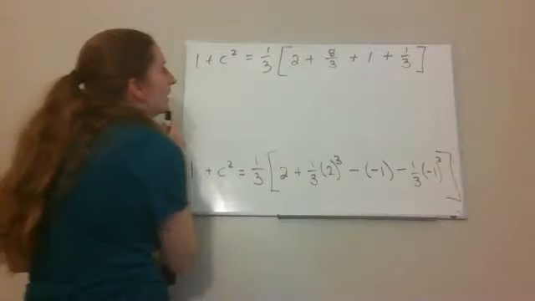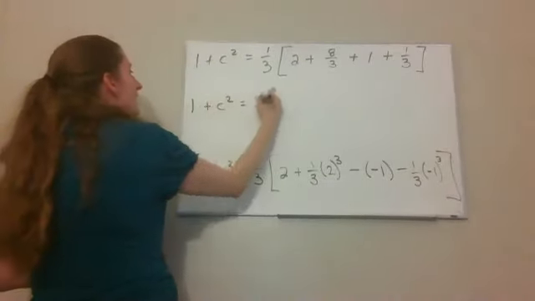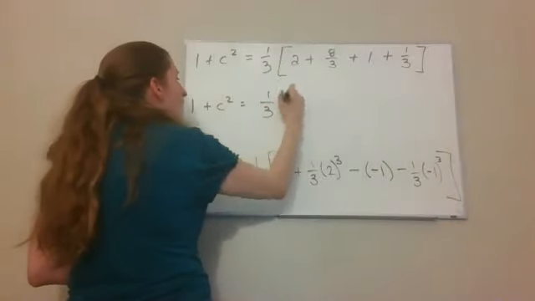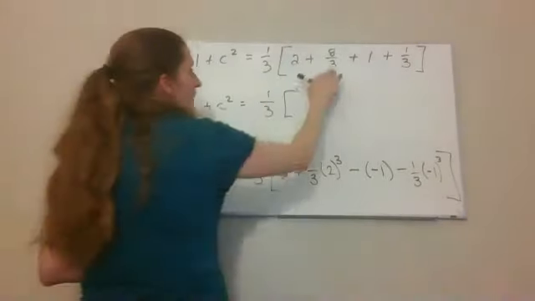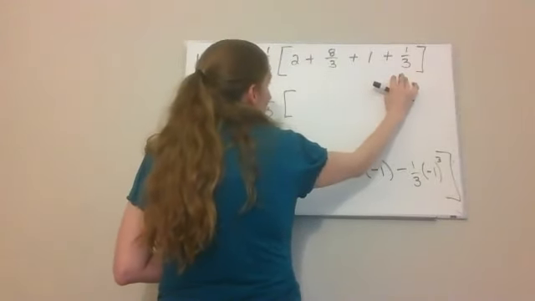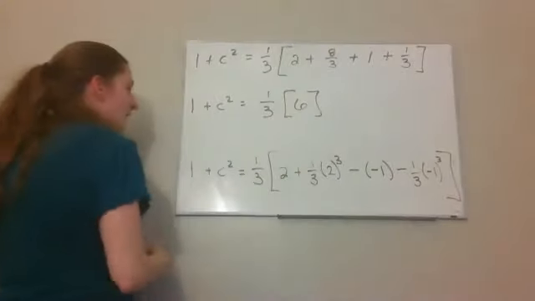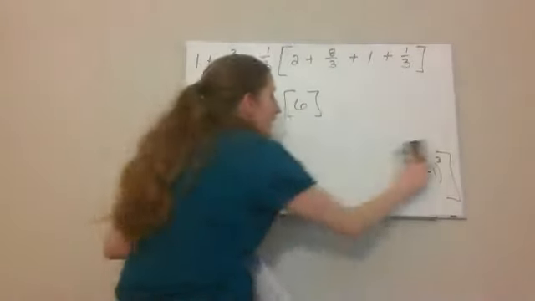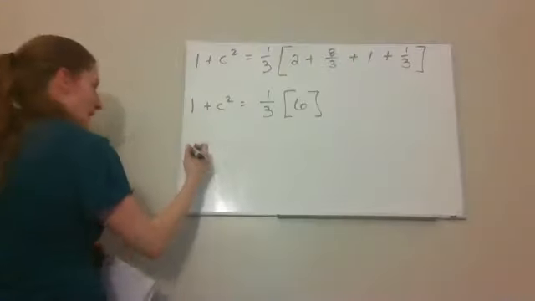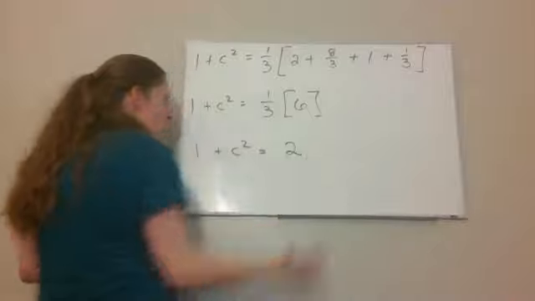And so I get 1 plus c squared is equal to 1/3 times 8/3 plus 1/3 is 9/3, which is 3. And then I have another 3, so that's 6. So this complicated looking formula has now just become 1 plus c squared equals 2.